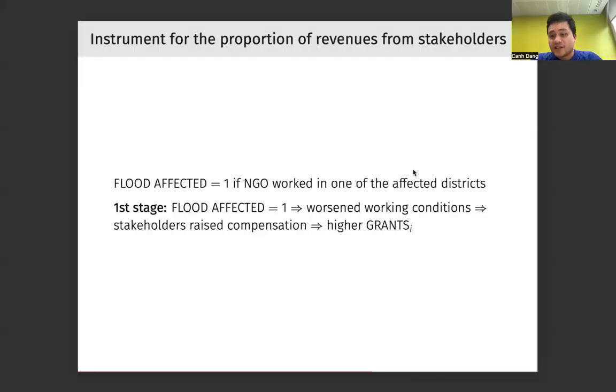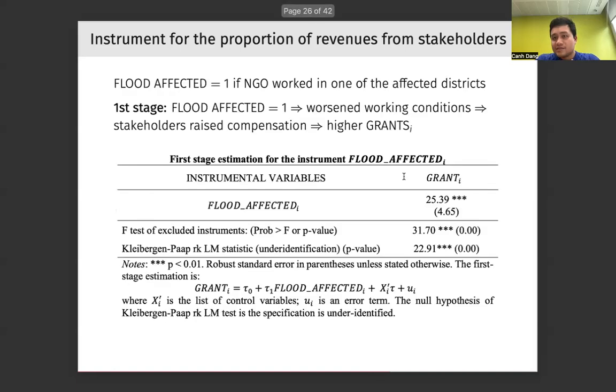So this is our first stage, and it works in our data. Having worked in the most affected area is associated with a higher level of dependence on international donations or membership fees. Our first stage is pretty strong, with a very high F value.